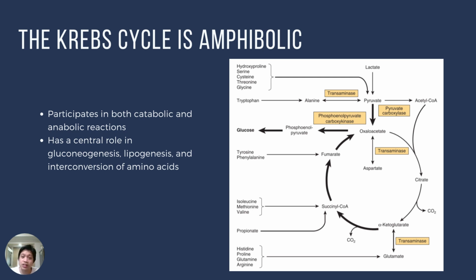So, what does this image tell us? That the different amino acids in the body can produce molecules that eventually enter the Krebs cycle. And because we can take oxaloacetate away from the cycle and produce phosphoenolpyruvate from it, technically, these amino acids which can enter the Krebs cycle can also produce glucose.